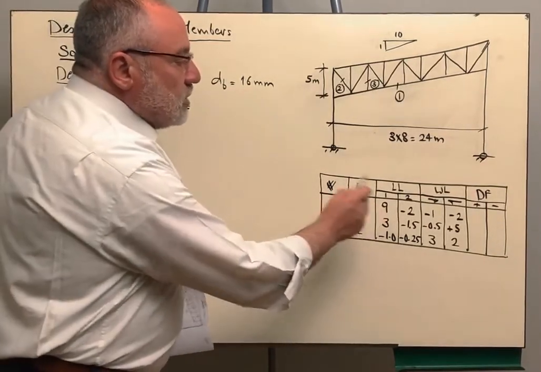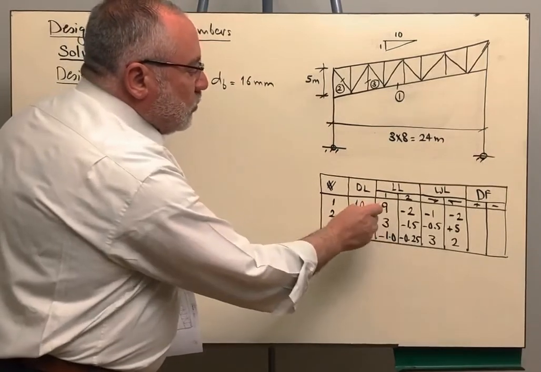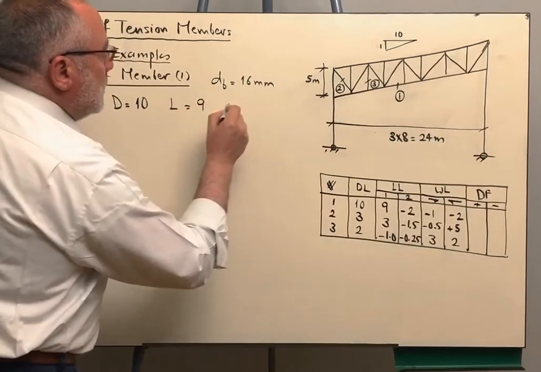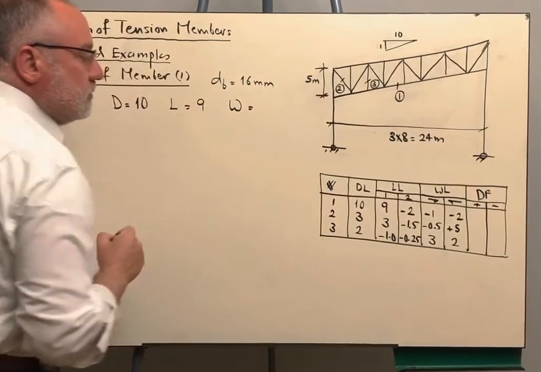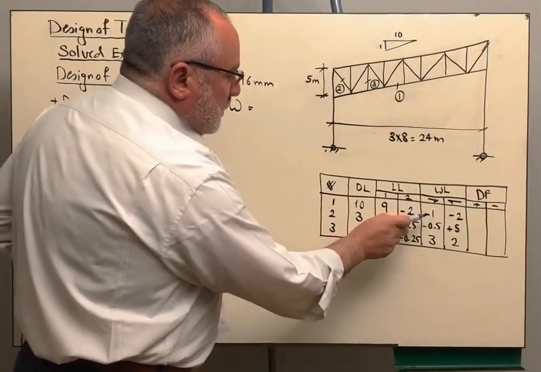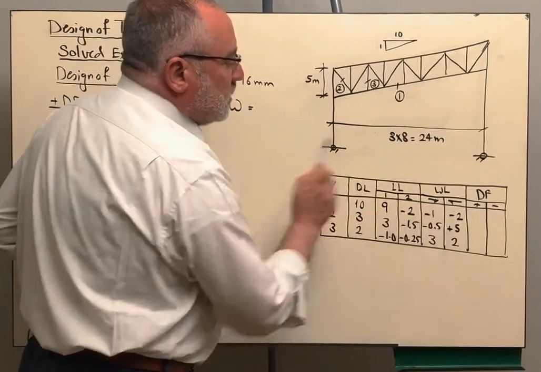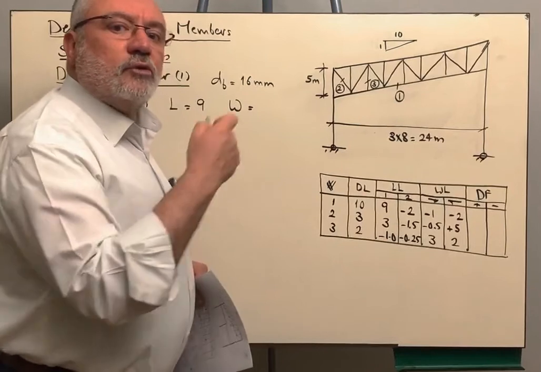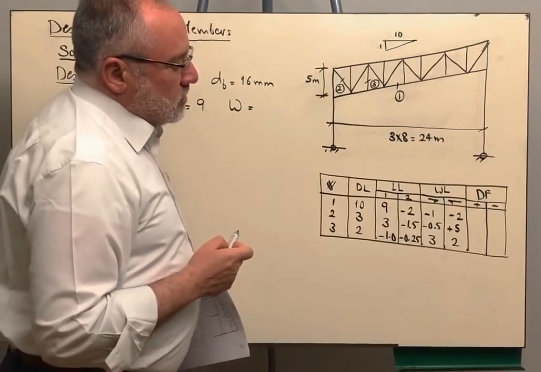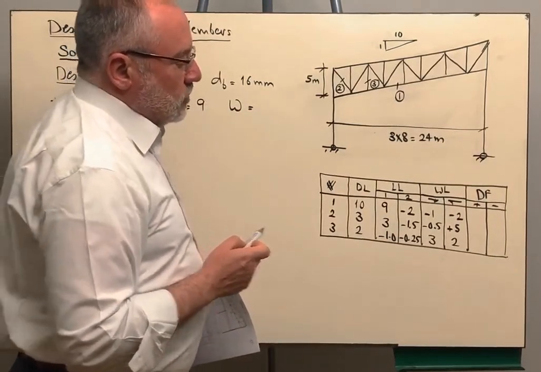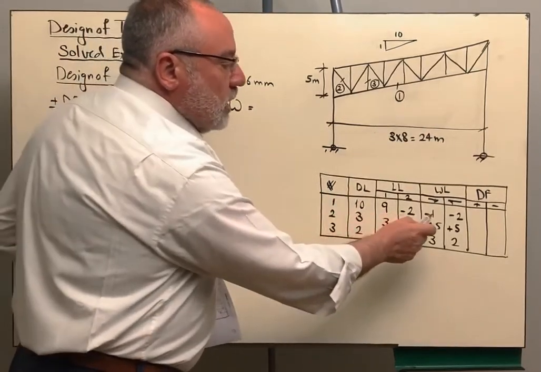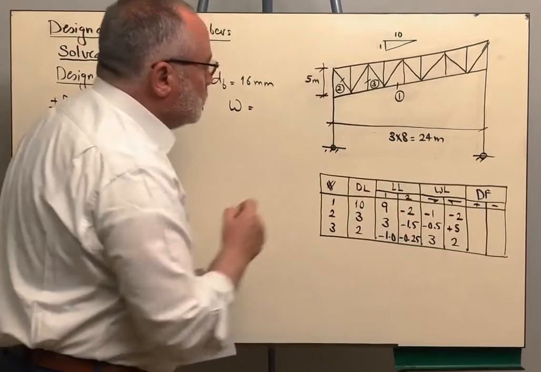Since we are searching for the maximum positive, I'm going to take live load case 1, which is 9 tons. For the wind, we shall either take the case of wind left or wind right. We cannot add them together, even if they are both increasing the design force. But here, since we are searching for the positive, we are going to take the least negative, which is negative 1.